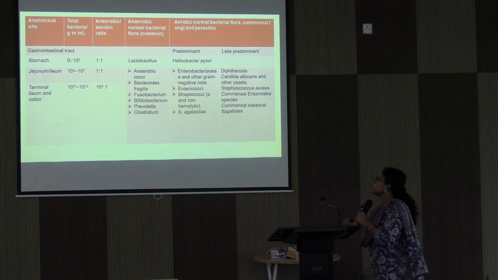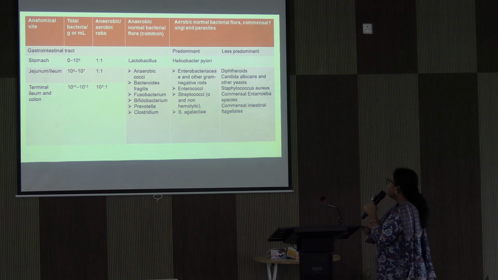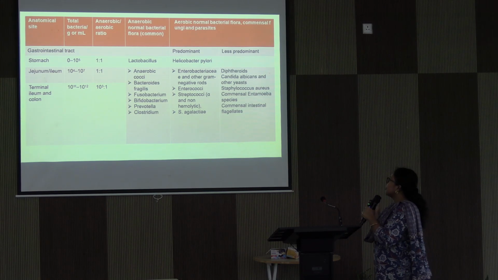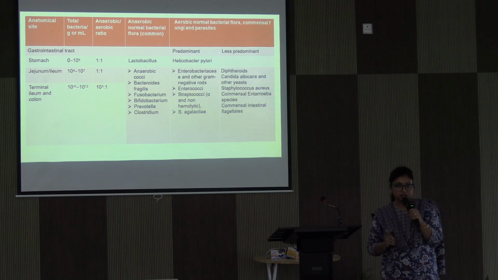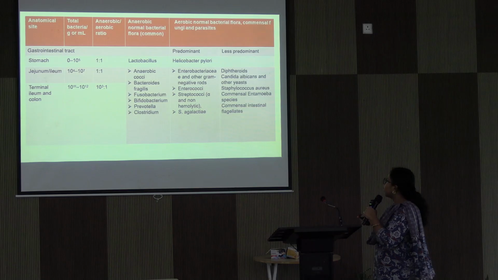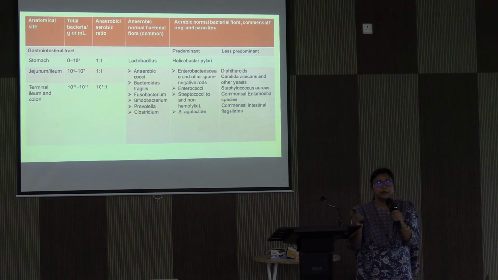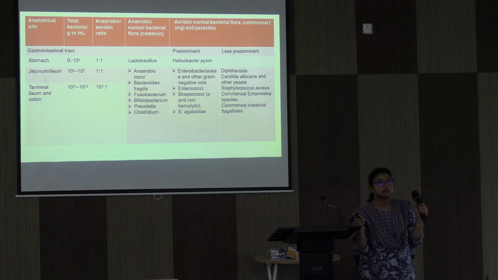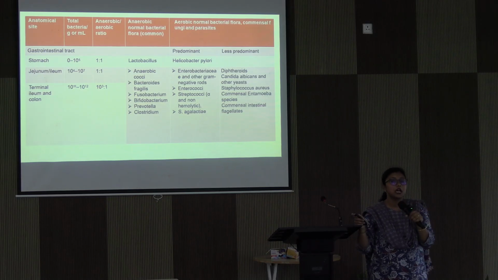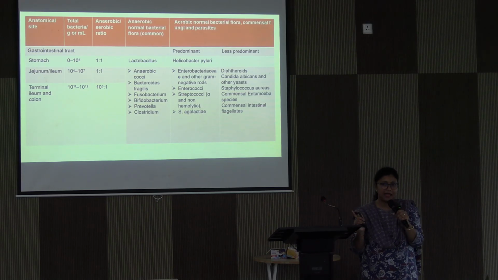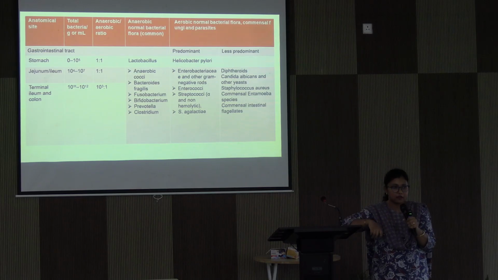Then the GIT, gastrointestinal tract. Very important, you will have to explain the anaerobic flora. Anaerobic cocci are there, and Helicobacter pylori. Where is Helicobacter pylori found? Does Helicobacter pylori have any pathogenic effect?